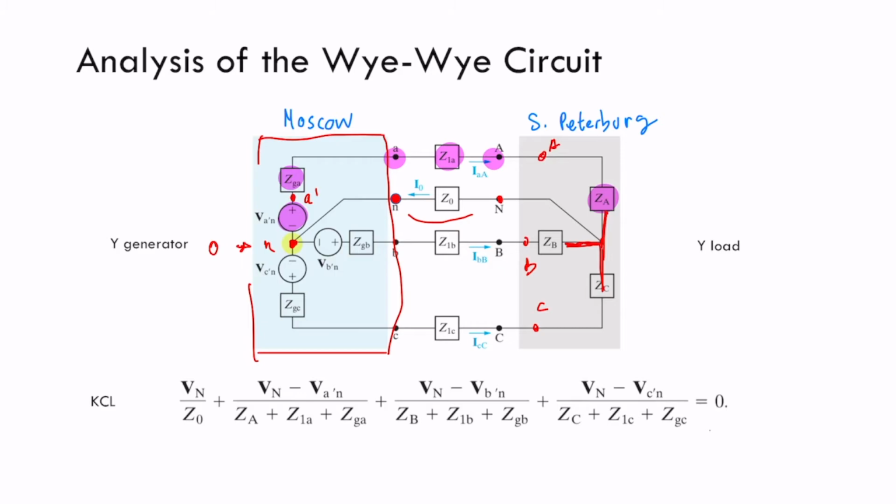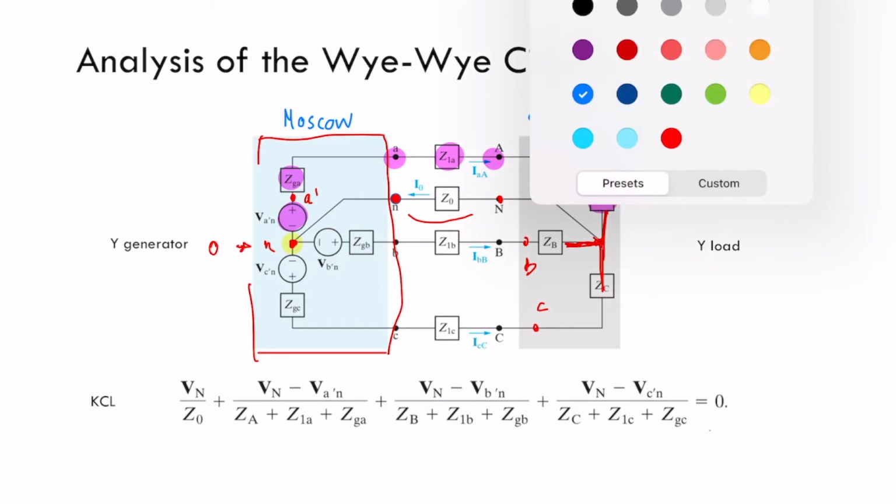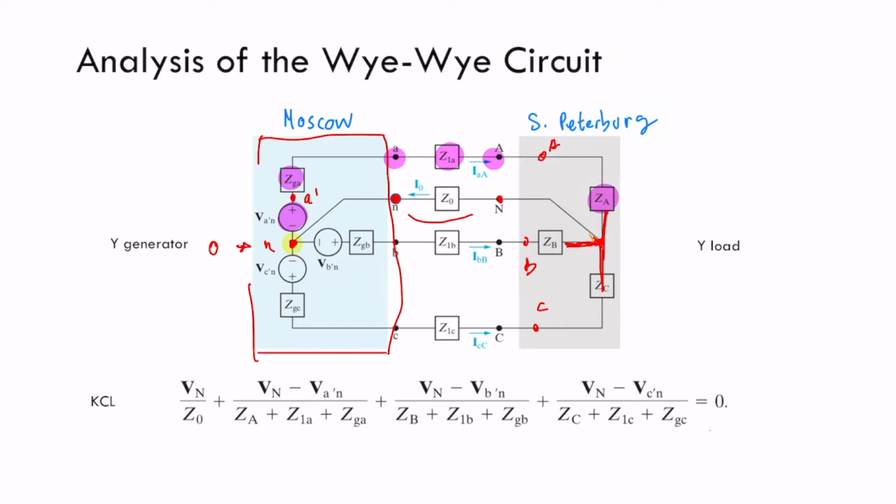And then I will connect these three circuits by another line. This line is representing, let's say, these three lines coming back from St. Petersburg to Moscow again. Then I want to compute what should be the current going through this line.